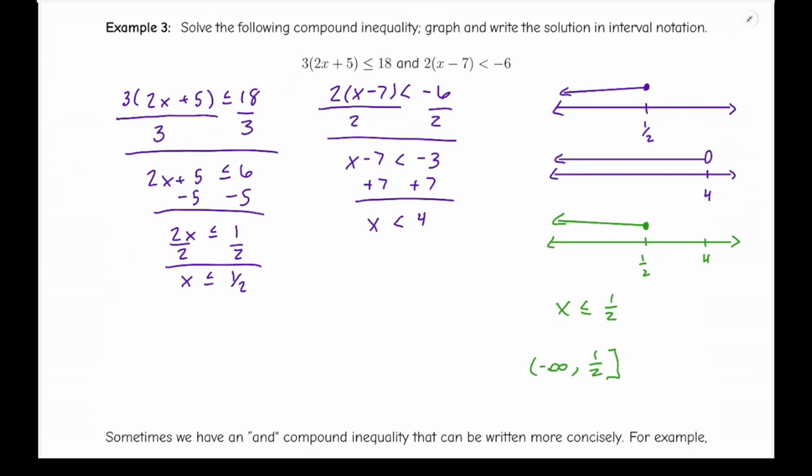So notice, if the arrows are going in the same direction, infinity will be part of your answer. When they're going in opposite directions, that's where it's going to be between the two values. Keep in mind, it is possible for the graphs never to overlap. In that sense, you will have no solution.